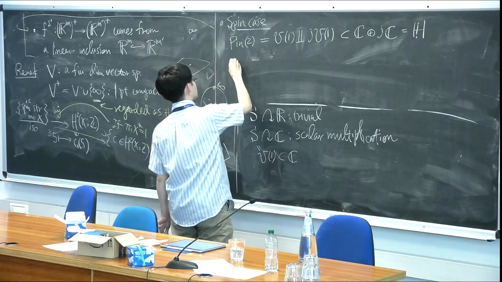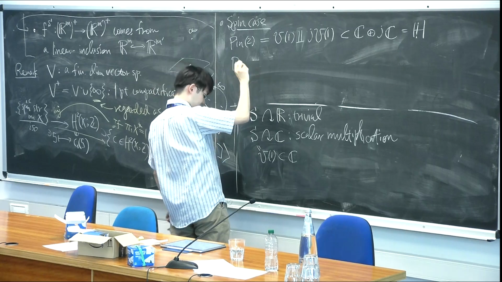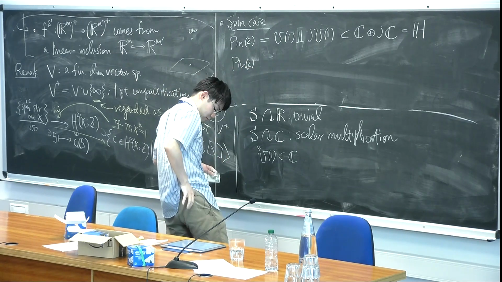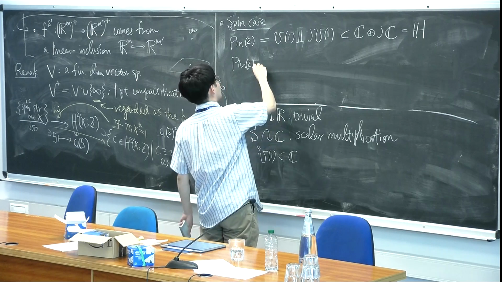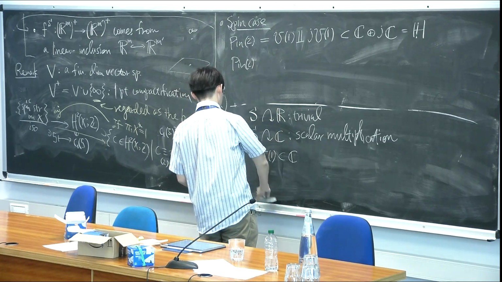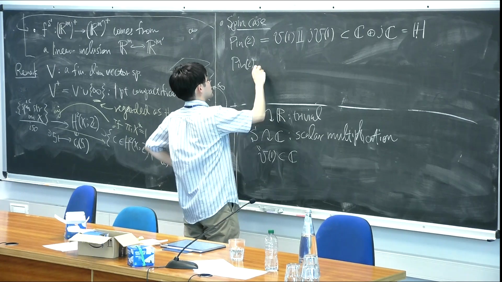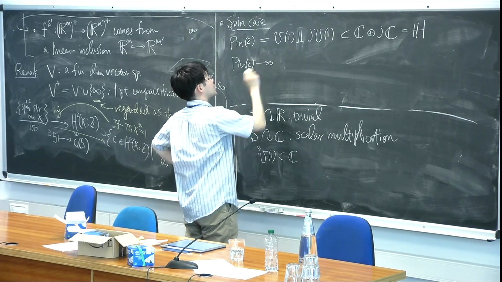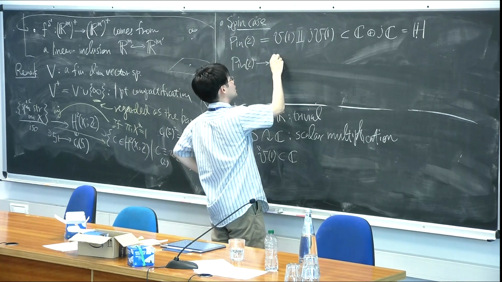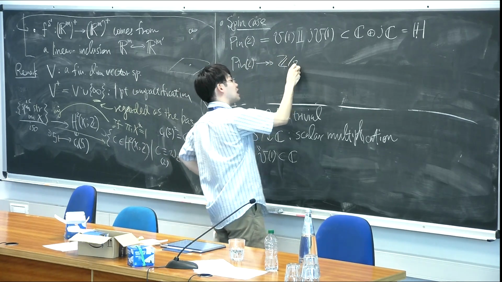Now I'm going to act with this group, first of all, on a one-real-dimensional space. Let's consider the unique surjective homomorphism from Pin2 down to Z mod 2.